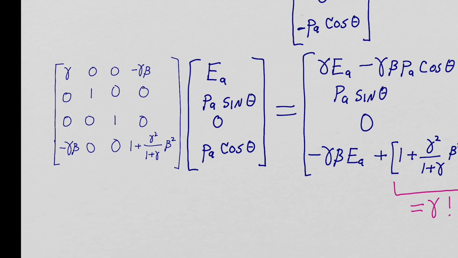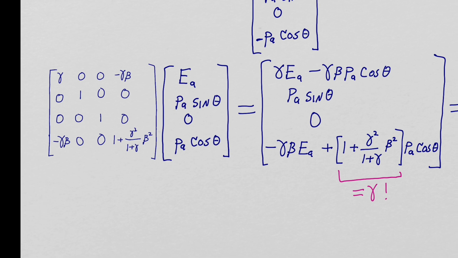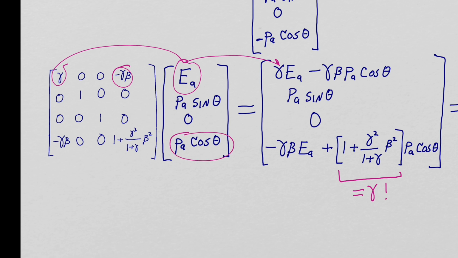And this is straight matrix multiplication, right? So I take EA times gamma, which lands here, and then it's minus gamma beta times PA cosine theta, which lands there. So that's the first term. PA sine theta is just multiplied by 1, so it just goes straight.